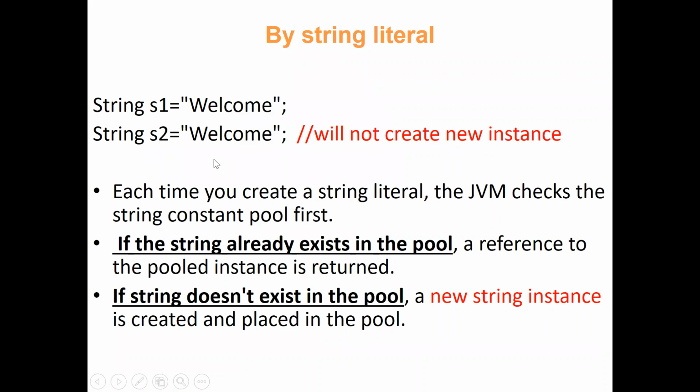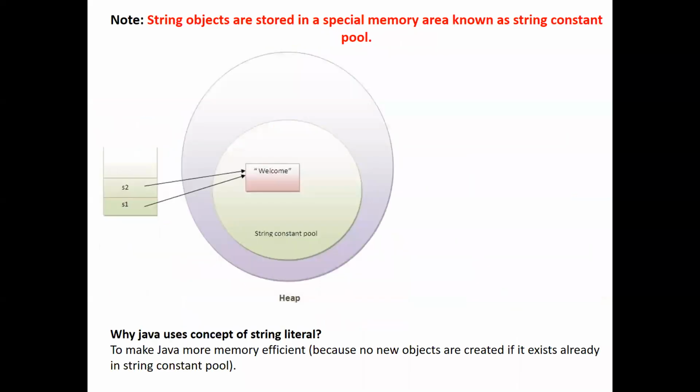Whenever you initialize a string through literals, JVM will check in the string constant pool whether this object exists or not. If it exists, it will not create a new one. It will just point to that object. If it is not present, then only it will create.